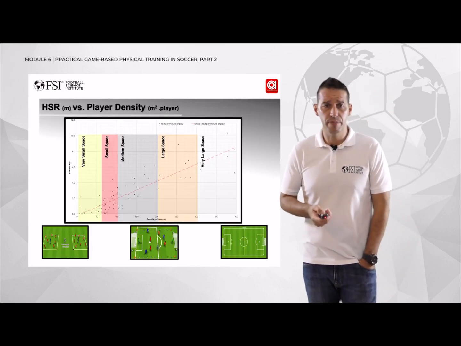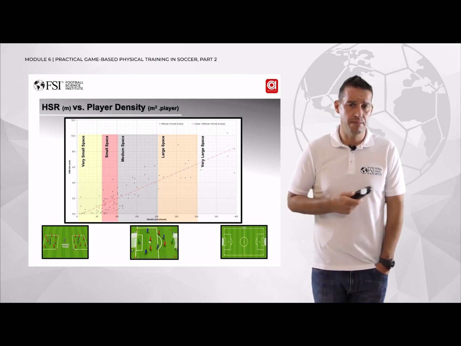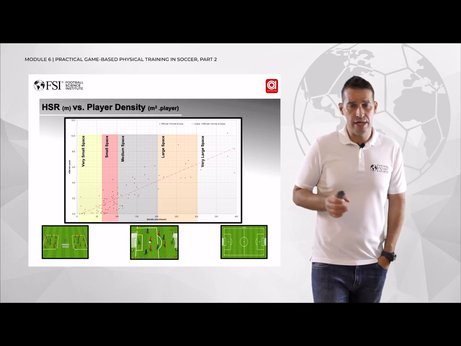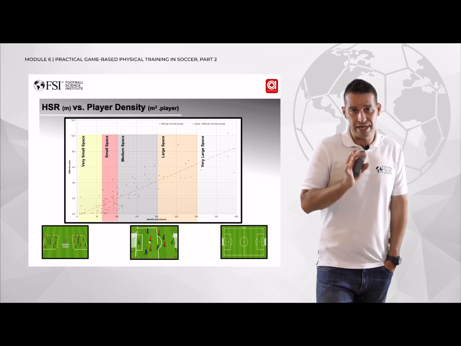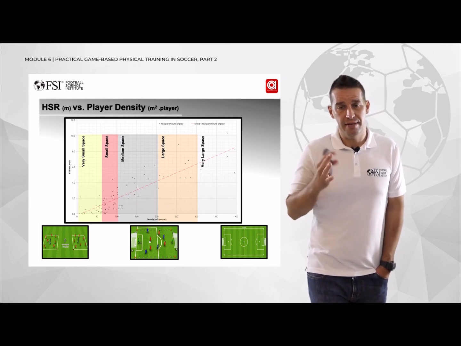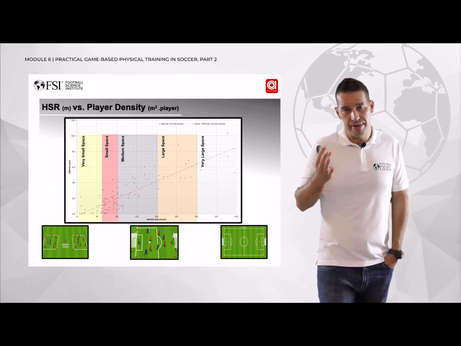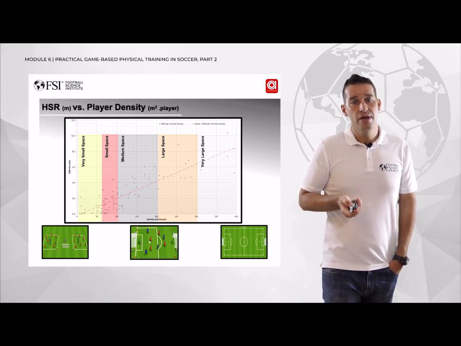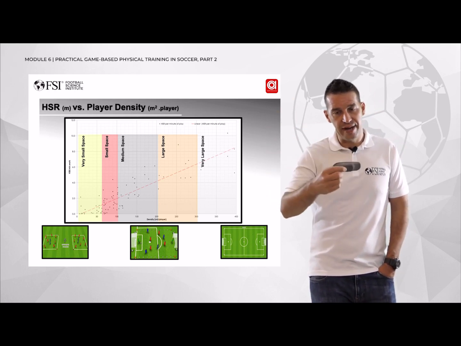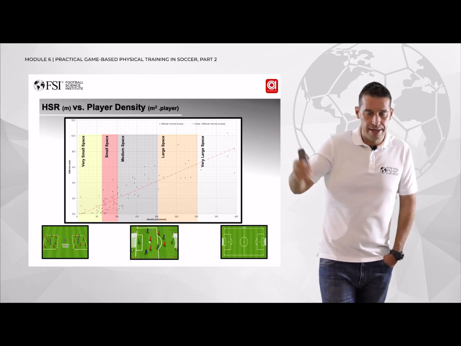So for example, we look at the player density element, something I'm doing a lot of research in at the moment, where we take all our training games, all our possessions, and quantify meters squared per player. It's very obvious, but it makes sense: in very small spaces there's very minimal high-speed running.